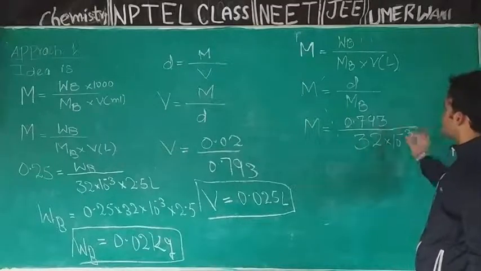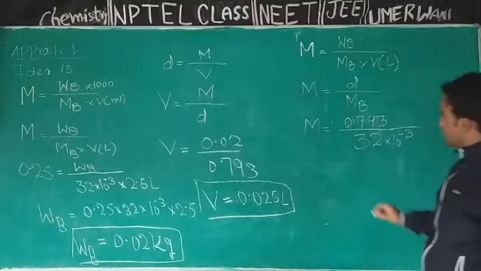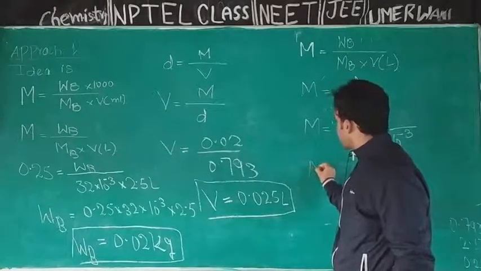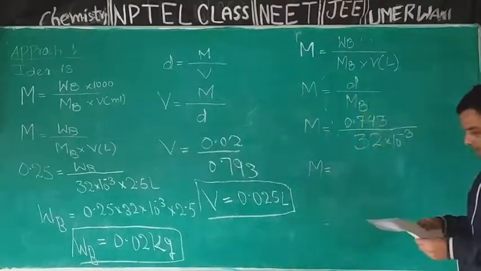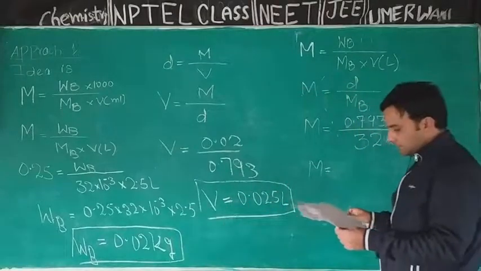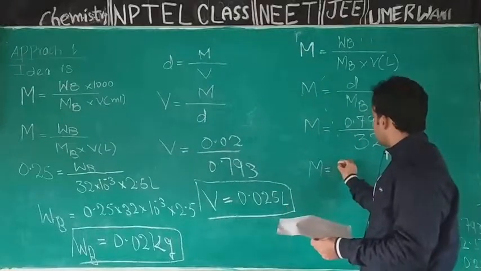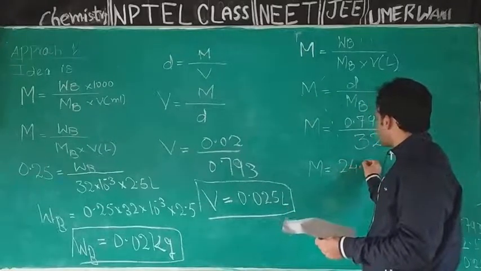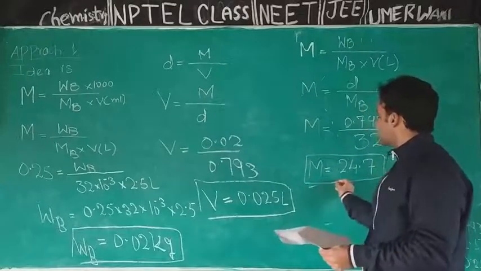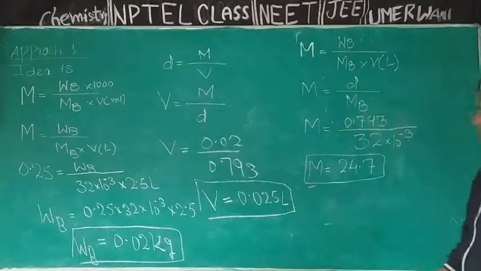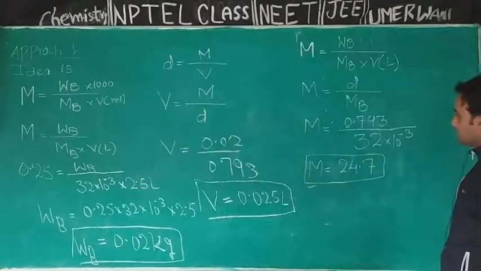I have already evaluated the RHS of it. Molarity of methanol comes equal to 24.7 molar. This is the molarity of pure methanol.